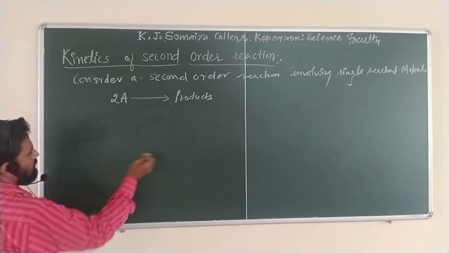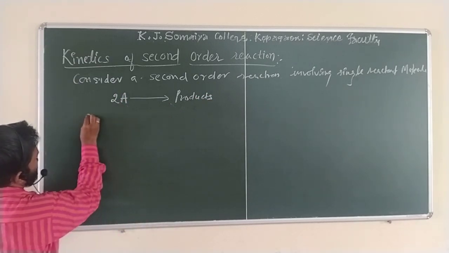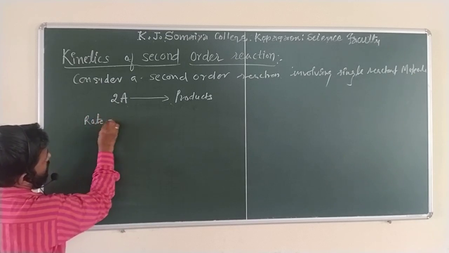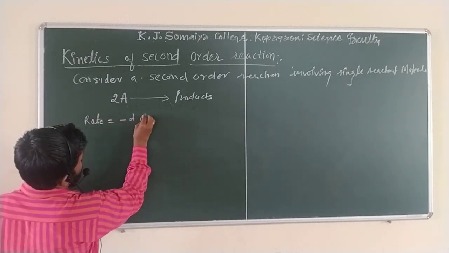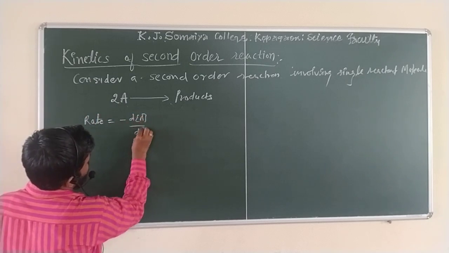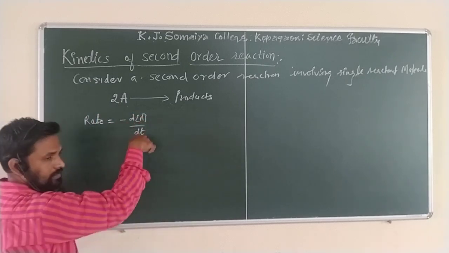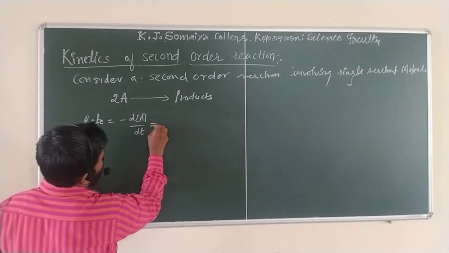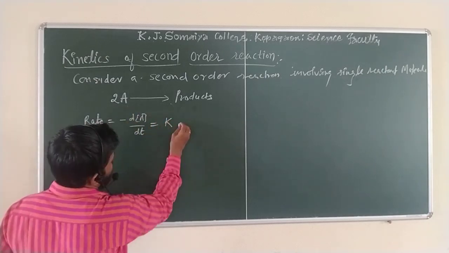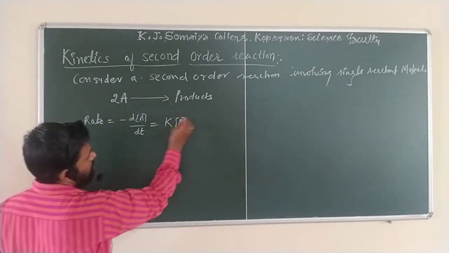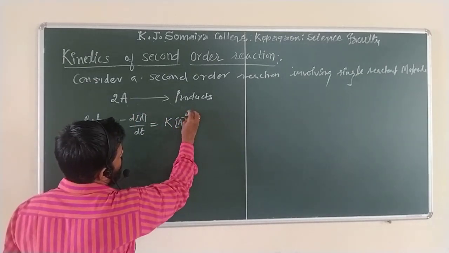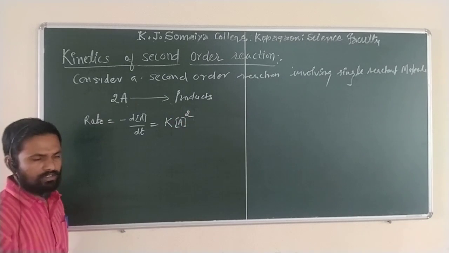Okay. Now we can write the rate of this reaction. Here I will directly write according to the rate law. Rate equal to minus dA upon dt, this is the differential form, is equal to K times the concentration of A. Now what is the power? Here the power becomes 2. I hope you very clearly understand now.